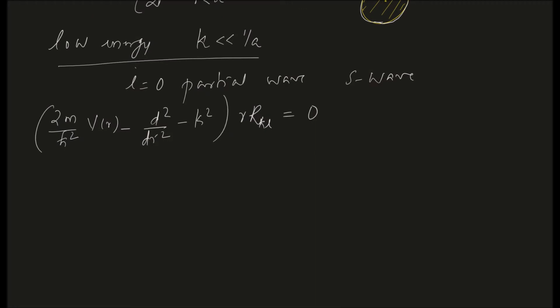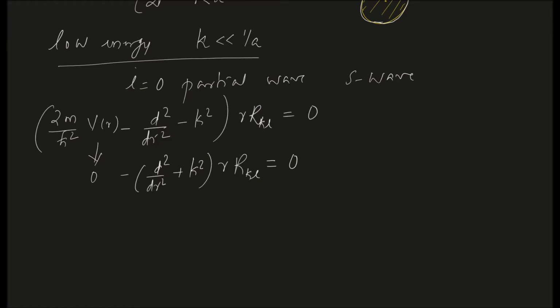For this particular problem, for the low energy case, the potential is 0 just outside the sphere, so you can take this term as 0 just outside the sphere, and you can write it as [−d²/dr² + k²] rR_kl = 0.